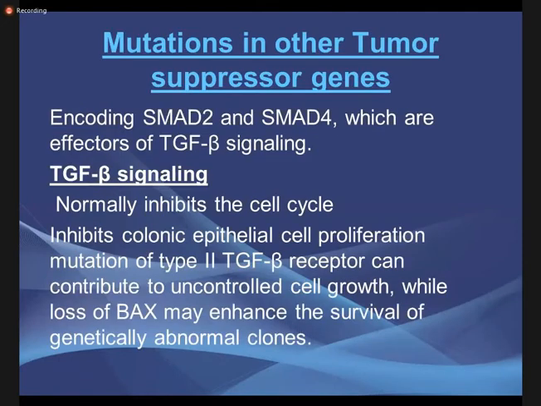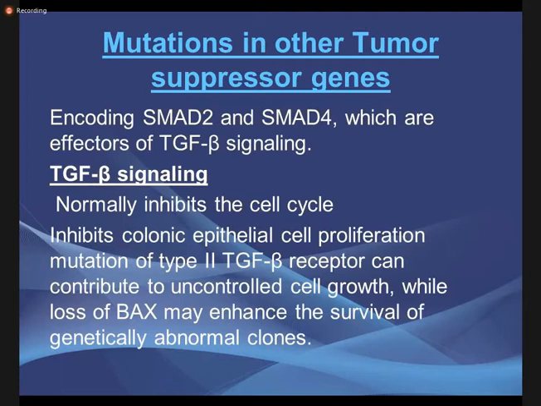Then mutation in other tumor suppressor genes, like the genes which encode proteins SMAD2 and SMAD4, which are effectors of transforming growth factor beta signaling. As you know, transforming growth factor beta signaling normally inhibits the cell cycle, and it also inhibits colonic epithelial cell proliferation.